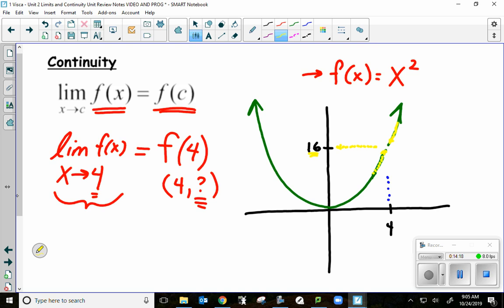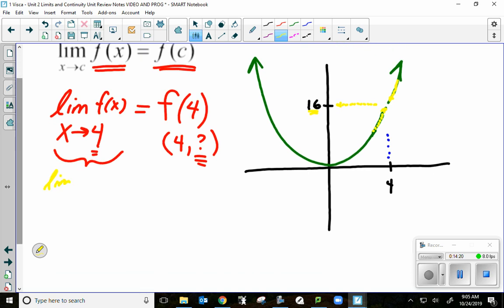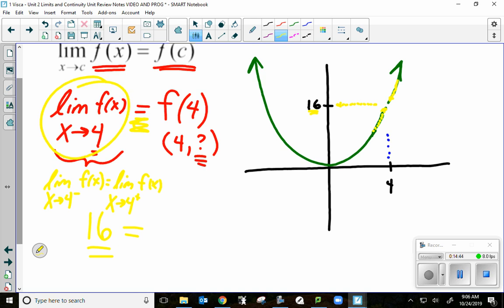So, I can say the limit as x approaches 4 from the left of f of x equals the limit as x approaches 4 from the right of f of x, and that's 16. They both approach it. This is my limit. This is the answer to this right here, 16.